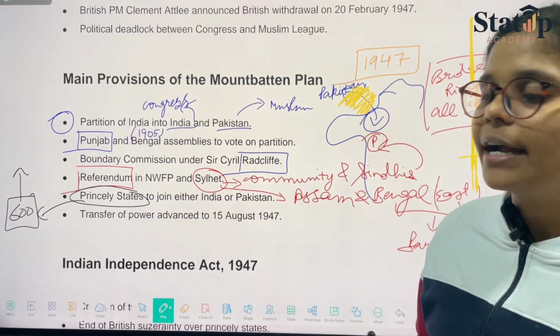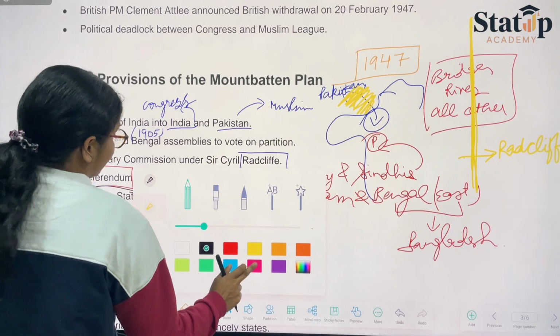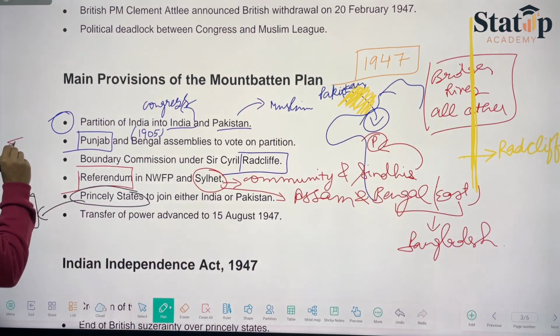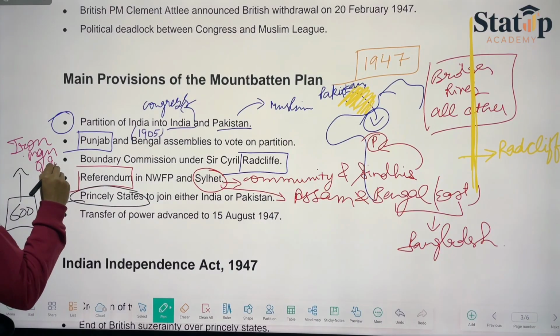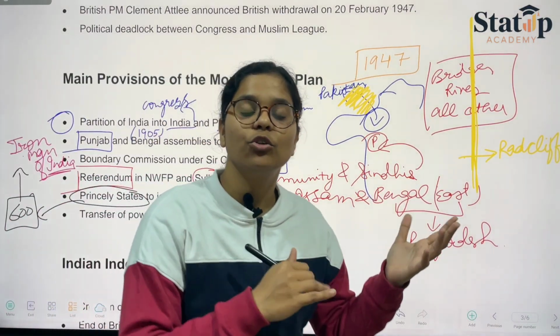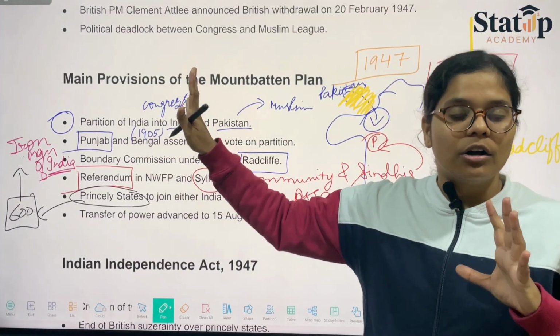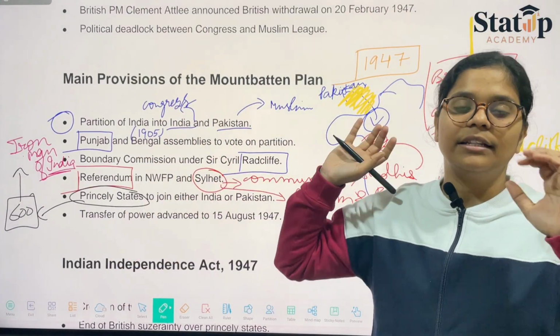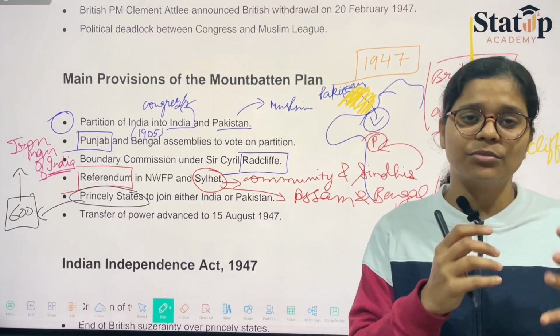Therefore, what was decided? Then came the role of the Iron Man of India, whose statue you must have seen in Gujarat, Sardar Vallabhbhai Patel. He talked to all the princely states. Therefore, the princely states joined hands with India.